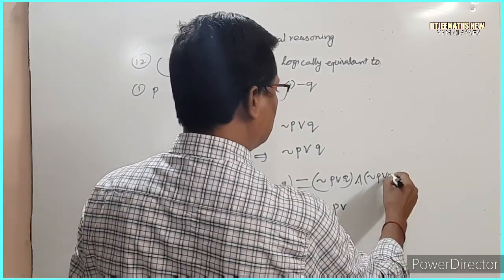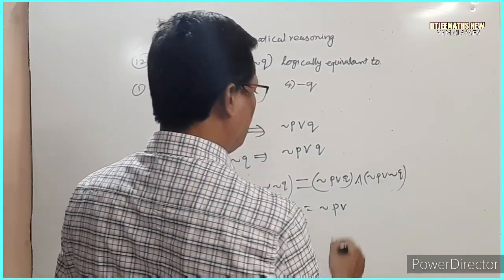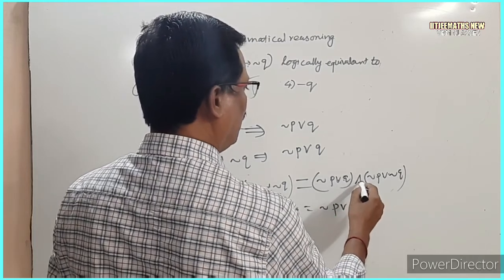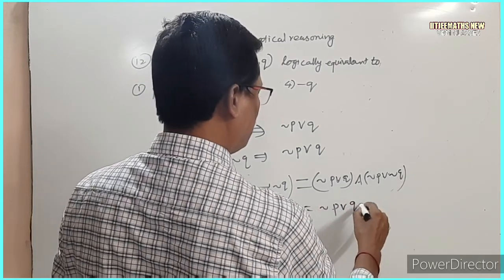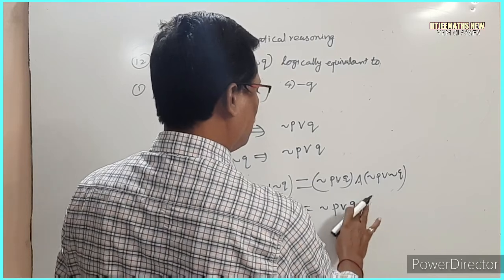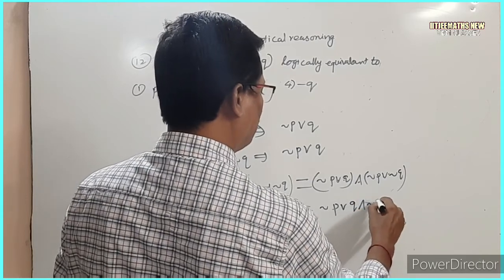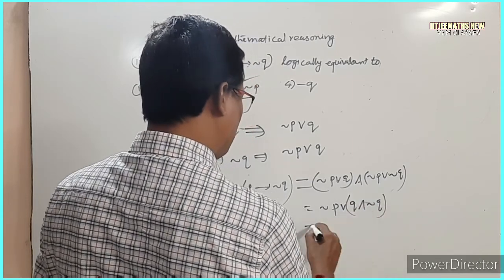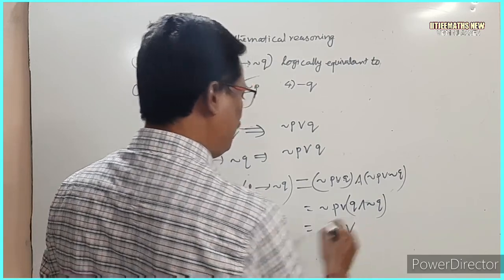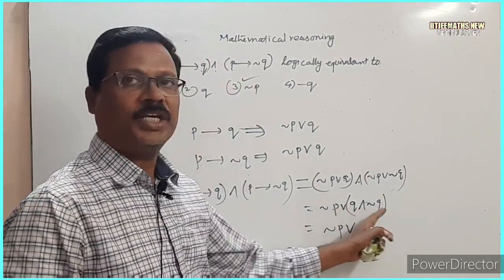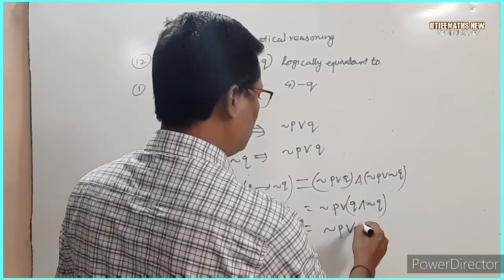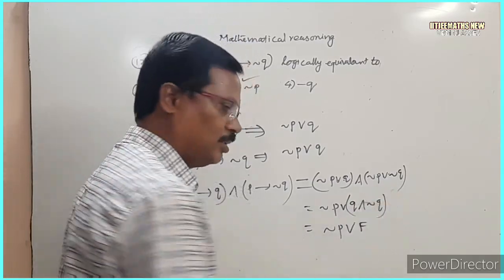Now, see this is the negation of Q. Now, therefore, Q and negation of Q. Then what is Q and negation of Q? False.